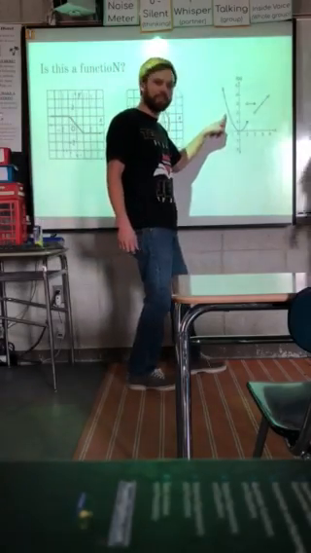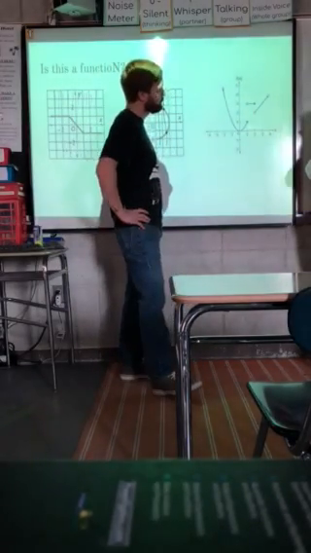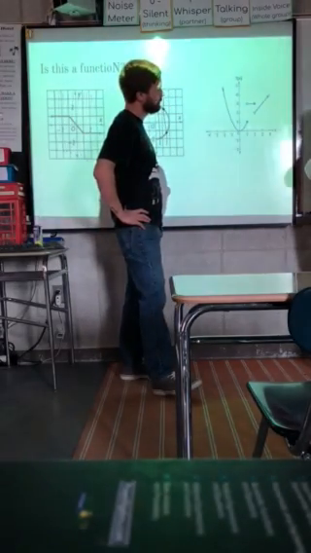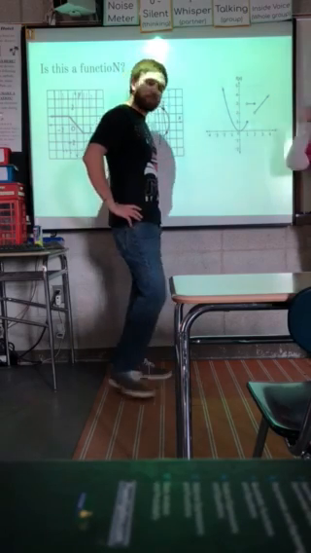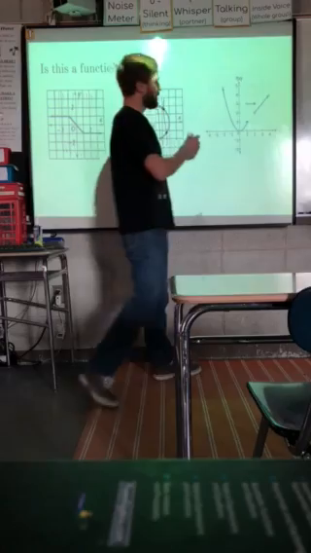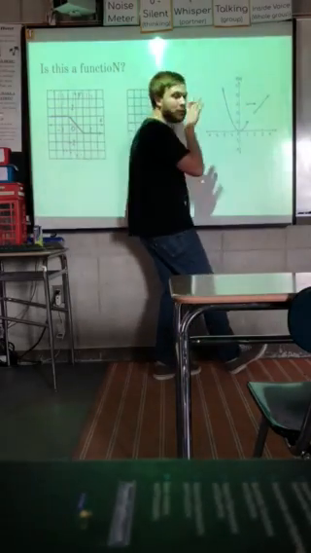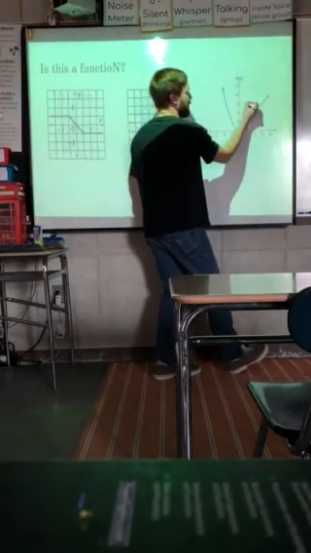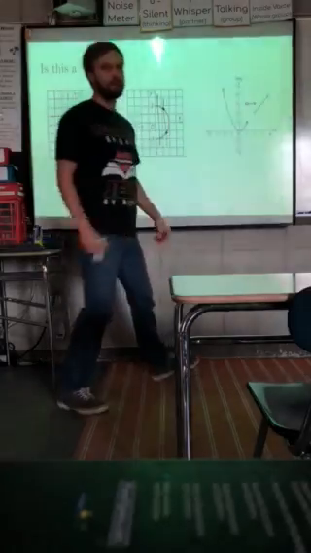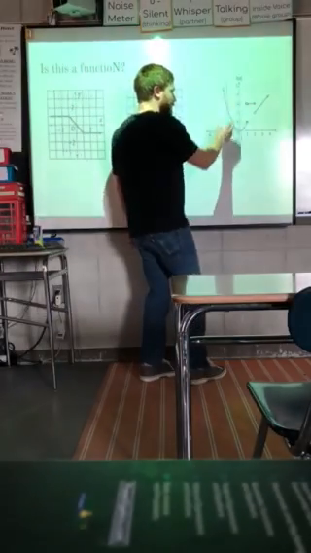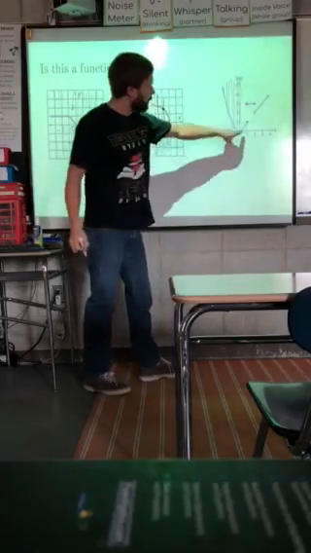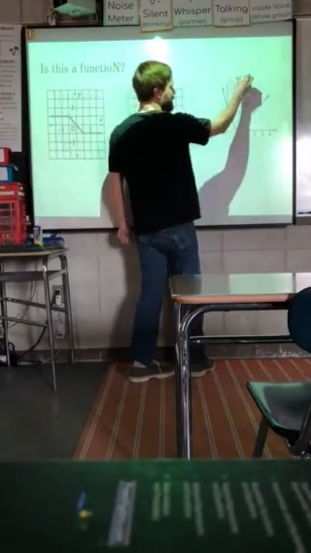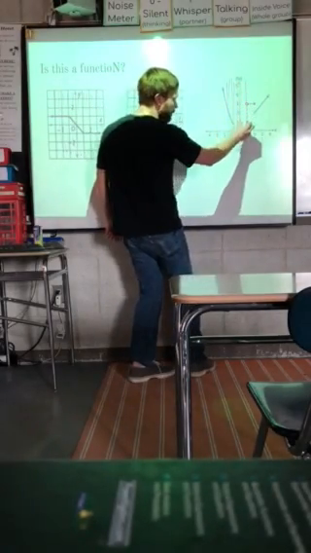Wow, this is a really crazy one. If you look, this is called a piecewise function. We will get to this later. You will see that this is an open point. So all of the vertical lines that I draw here will only touch at one point. Here is where it gets a little confusing.